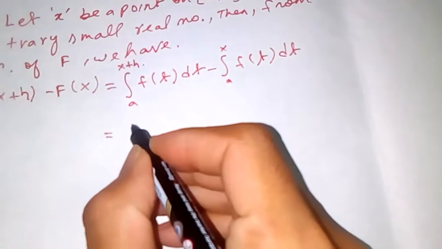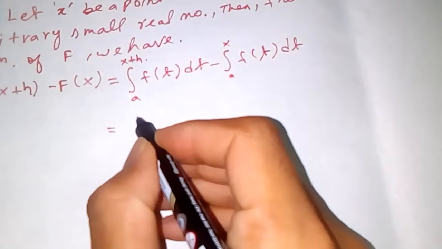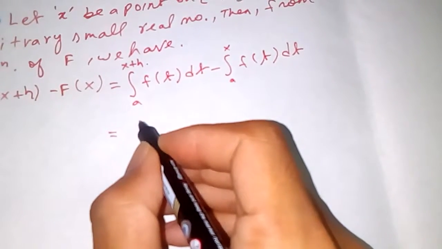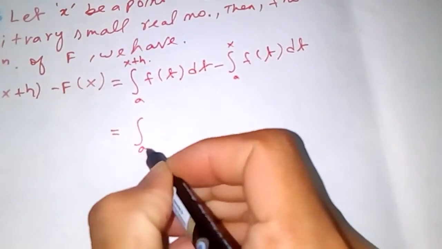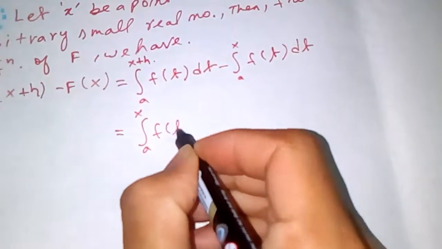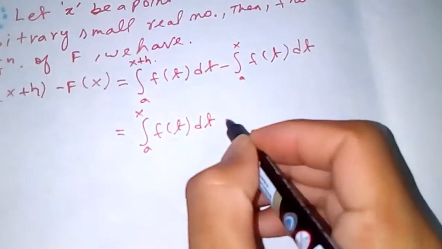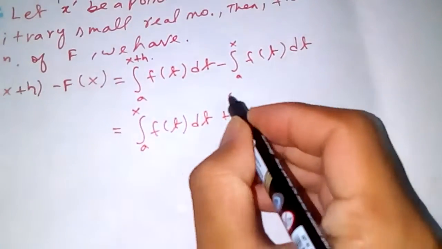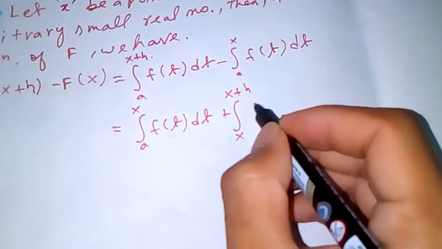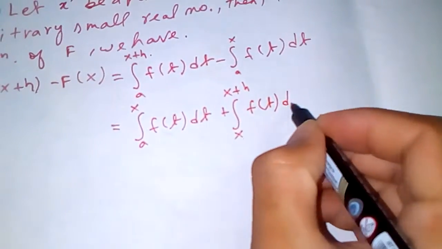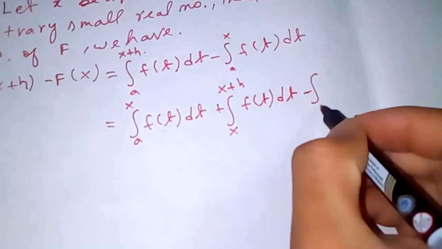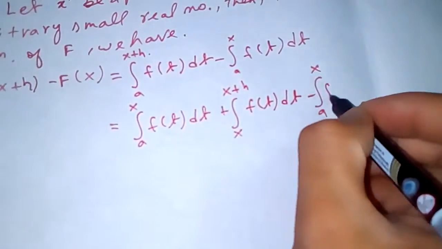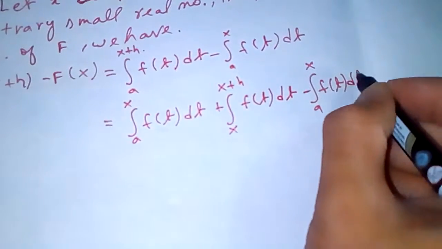I can rewrite this as the integral from a to x of f of t dt plus the integral from x to x plus h of f of t dt, minus the integral from a to x of f of t dt.